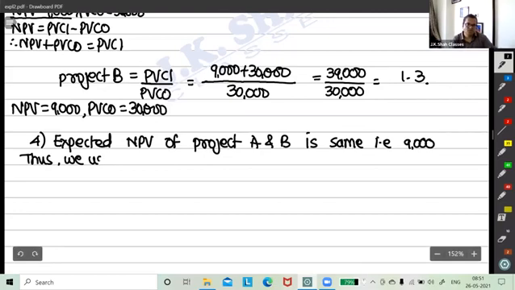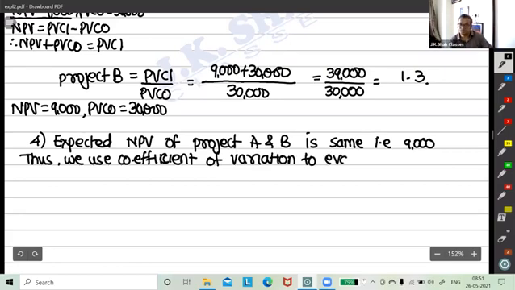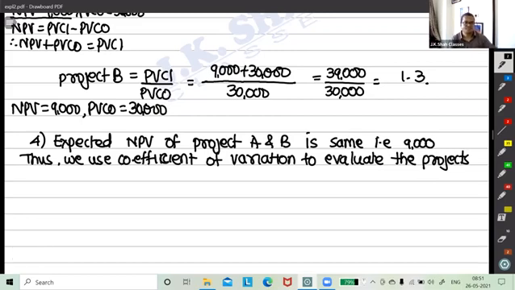Thus, we use coefficient of variation to evaluate the projects.